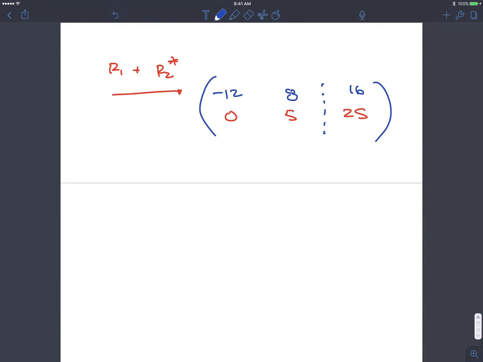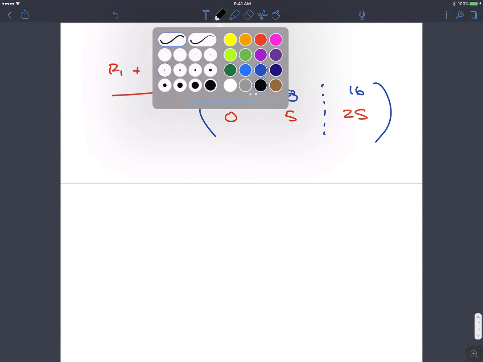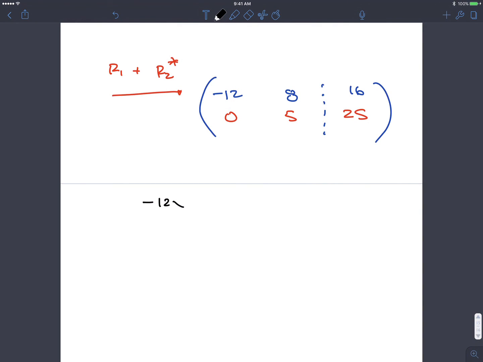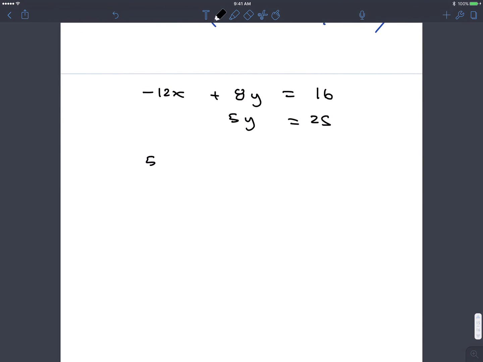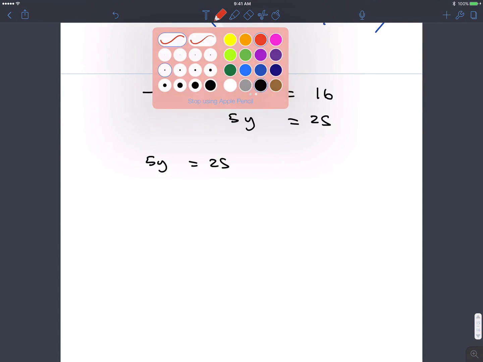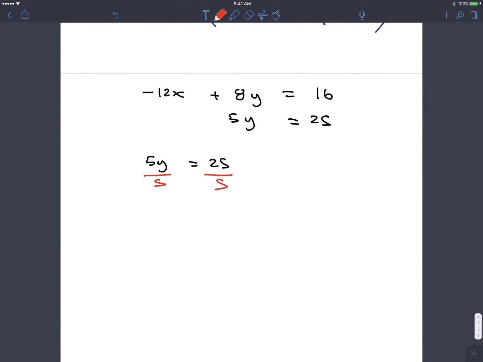This is our new matrix, and it's in row echelon form. So let's use the coefficients here. Our system is negative 12x plus 8y equals 16, and simply 5y equals 25. So using the fact that 5y is 25, we're going to solve this equation. Divide by 5.